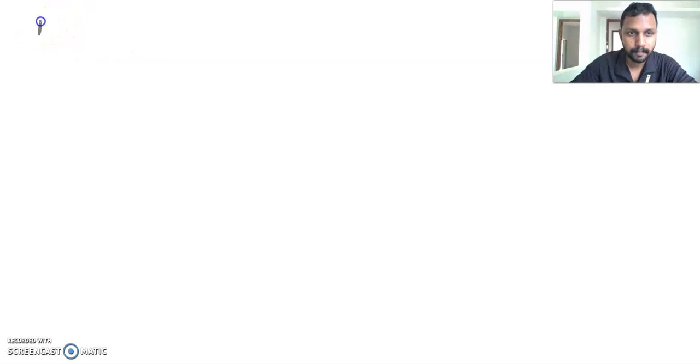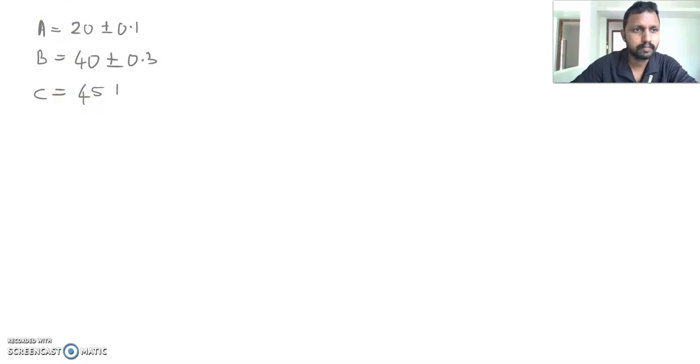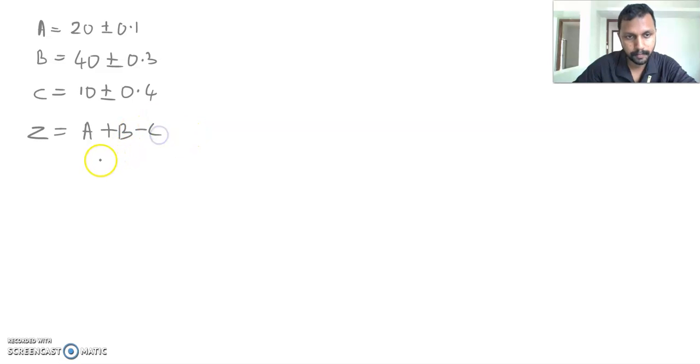Let's say A is equal to 20 plus or minus 0.1, B is equal to 40 plus or minus 0.3, and C is equal to 10 plus or minus 0.4.